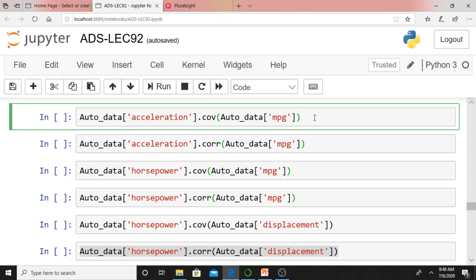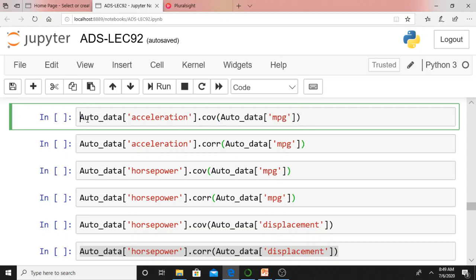A measure of the relationship that exists between two variables is the covariance. Let's calculate the covariance between acceleration and miles per gallon using the cov function. Just observe auto_data.